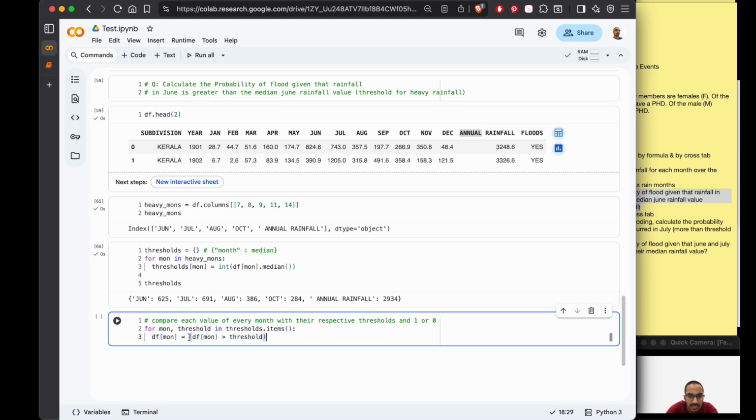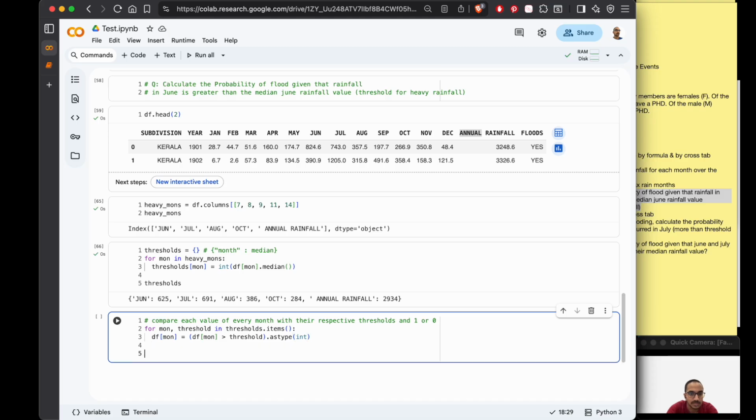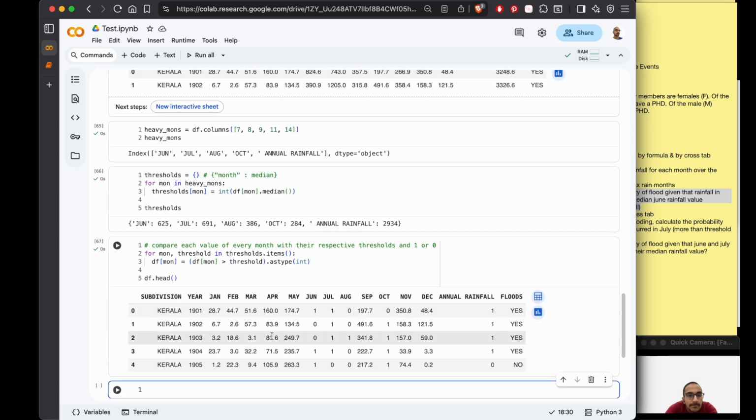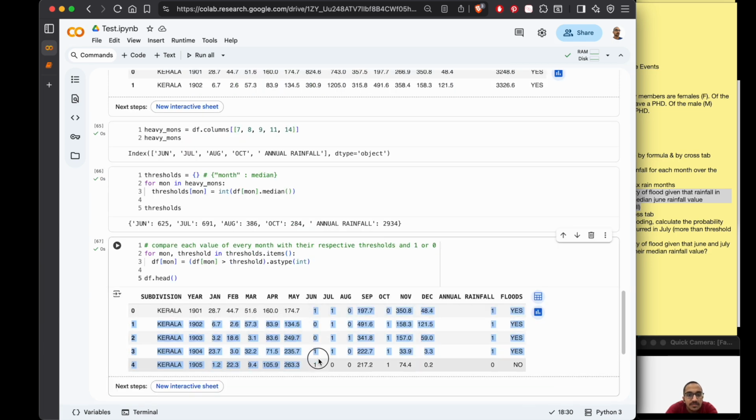And since this is a comparison, it will give us a Boolean value, right? So we'll have to convert it to int just to get ones or zeros. Now if we look at our data frame, you see here our values got converted to ones and zeros.